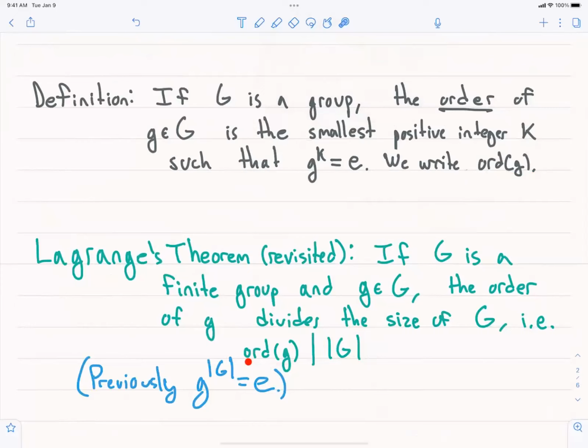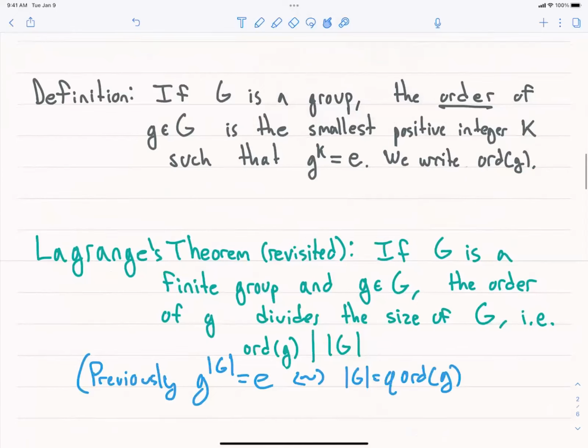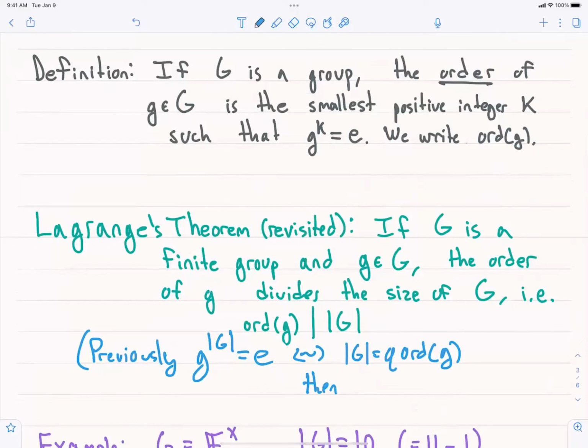So that pretty easily implies that g to the size of g is equal to e. If I write the size of g as q times ord g, then g to the size of g is equal to g to the ord g, to the q, which is e to the q, which is e.